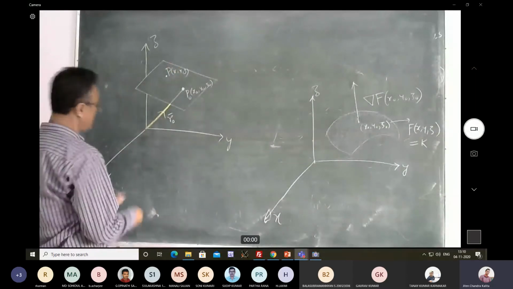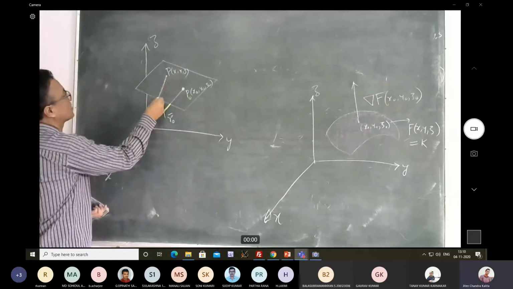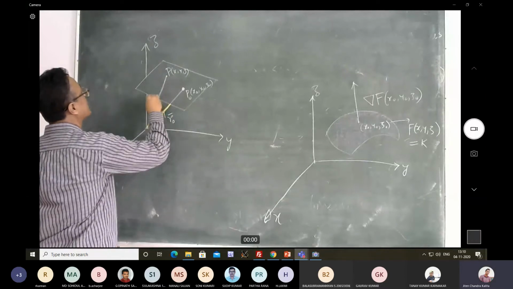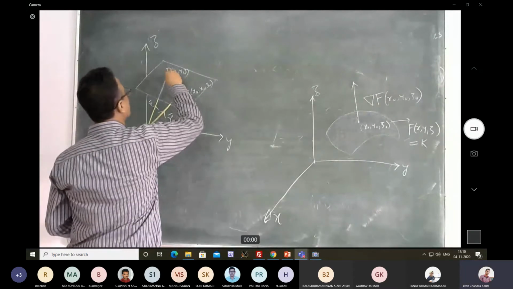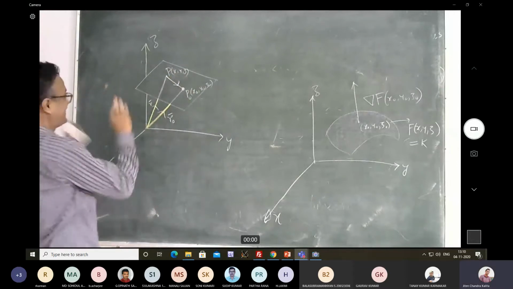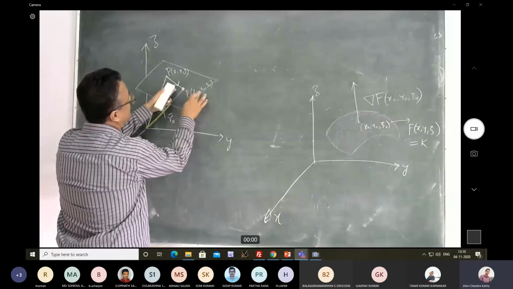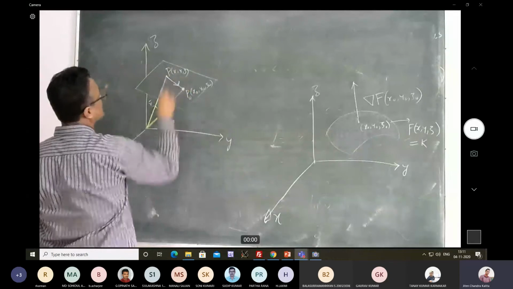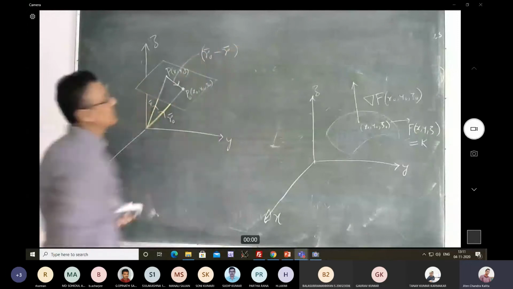Then I'm going to call this vector R1. Depending upon whether you take this point to the right or left, the way I have drawn it, this distance is going to be this, isn't it?